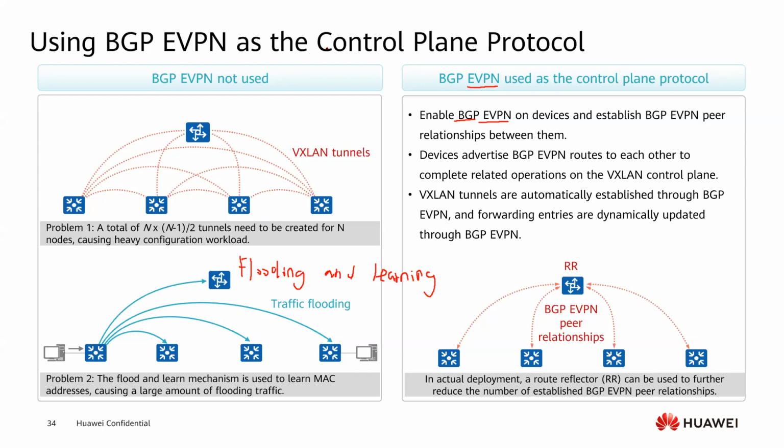For example, after receiving some BGP EVPN routes, the VTEP will do some corresponding actions, to help reduce traffic flooding and improve the efficiency and speed of building the VXLAN tunnels. So that is BGP EVPN. It is still just the protocol that transmits routes between different devices. All right.